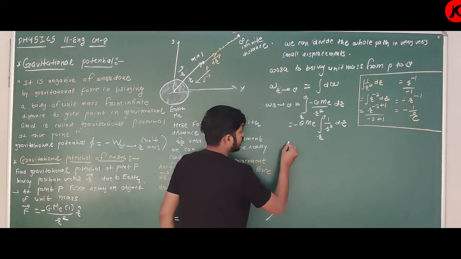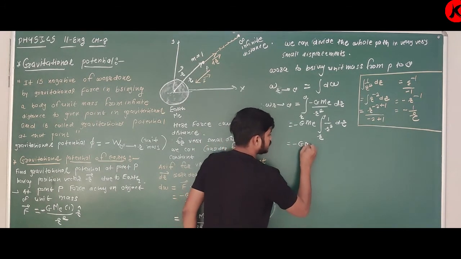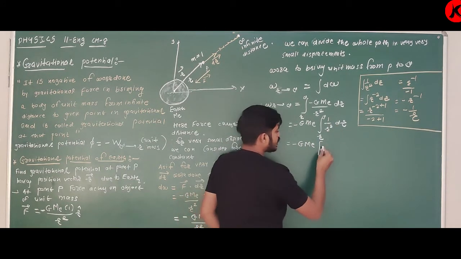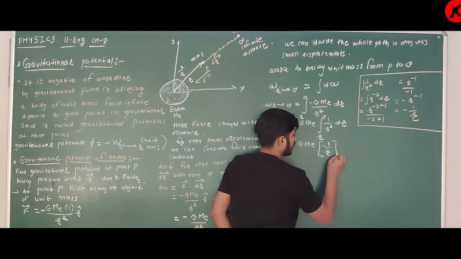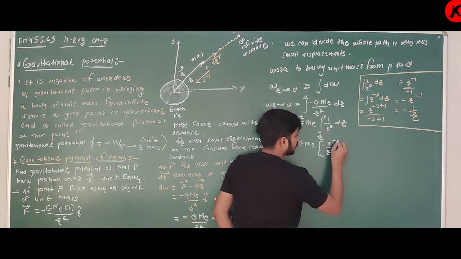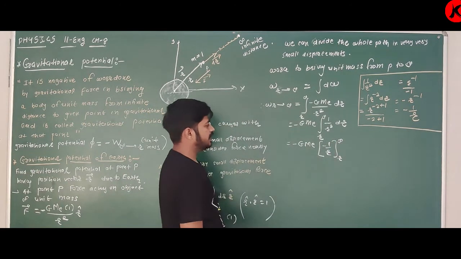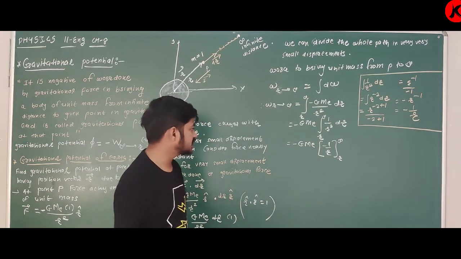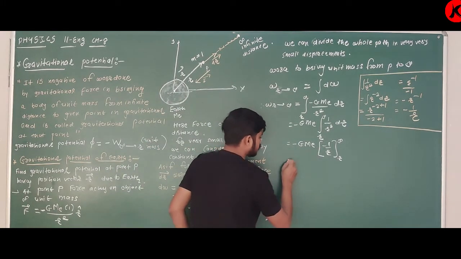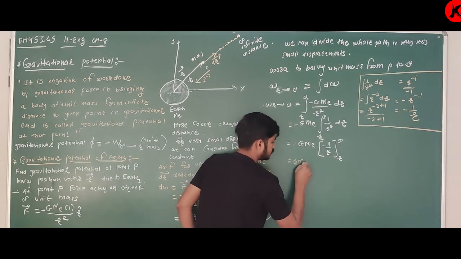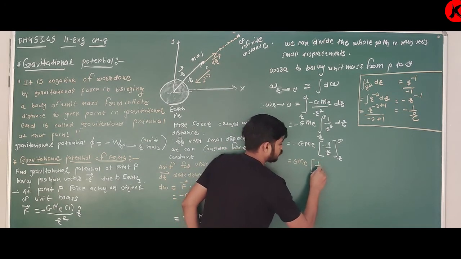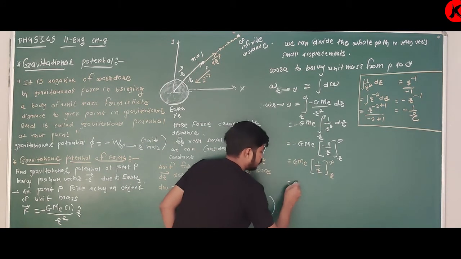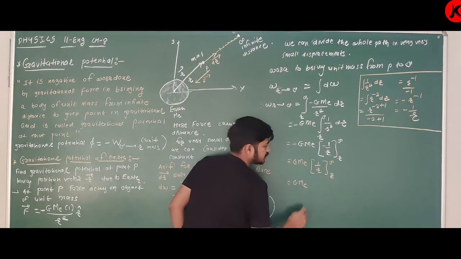So now we will put the value directly here. It is minus GM, and integration 1 upon R square dr is minus 1 upon R. Limit is from R to infinite. Easy? Yes or no? Yes. If we take this minus common, then it is GME, here it is 1 upon R, limit from R to infinite. So it is GME.